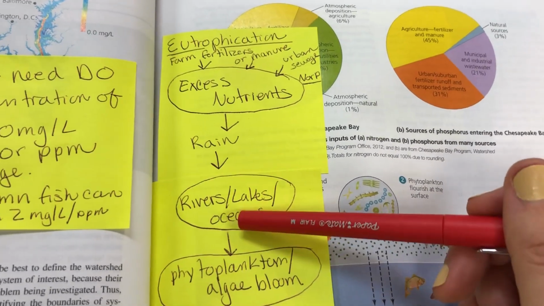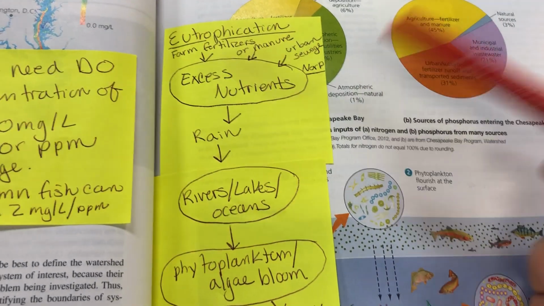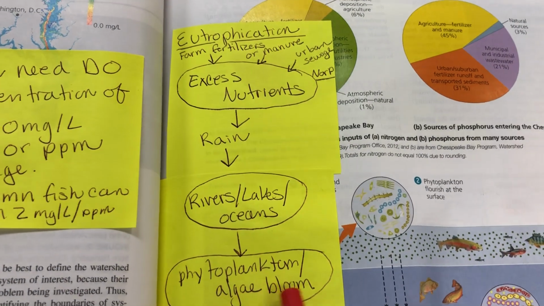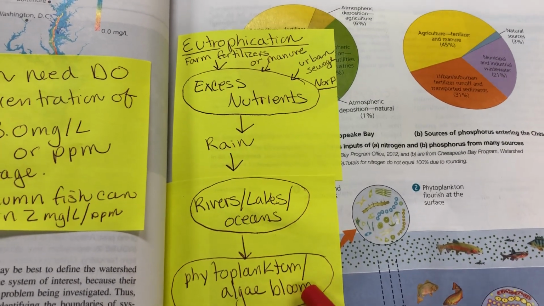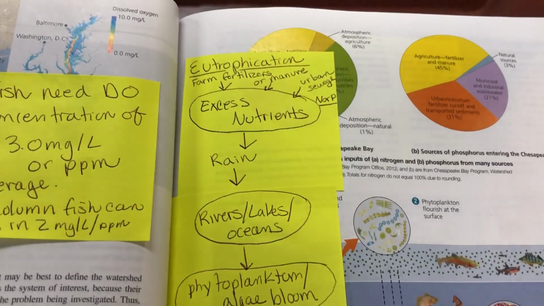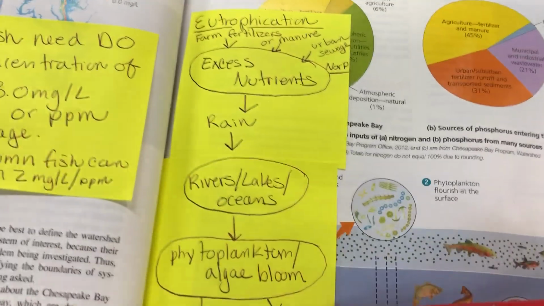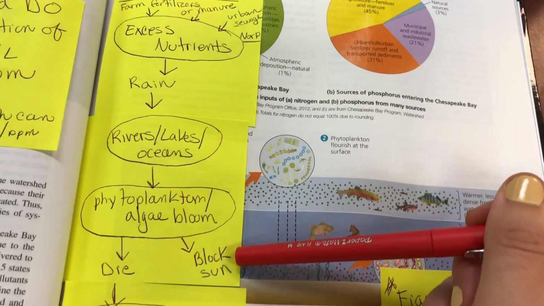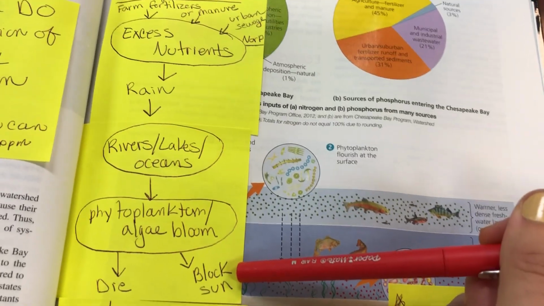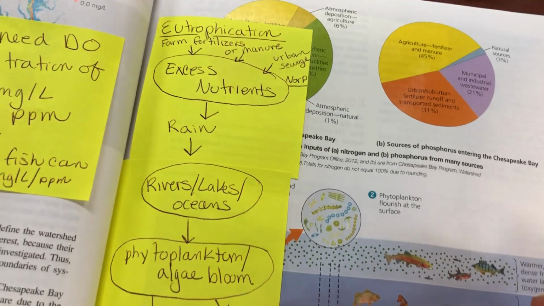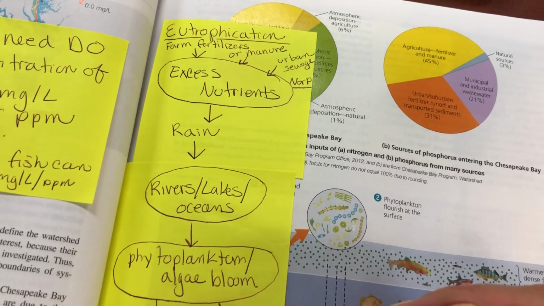Guess what? These nutrients, plants love, they need them. So then that's what causes your algae blooms to occur. Now, they're not bad right away. The problem is the algae blooms block sunlight. So the plants that are actually supposed to grow at the bottom of the bodies of water can't get sunlight, so they die off, and then eventually these guys die off.